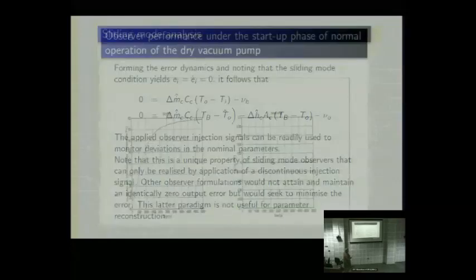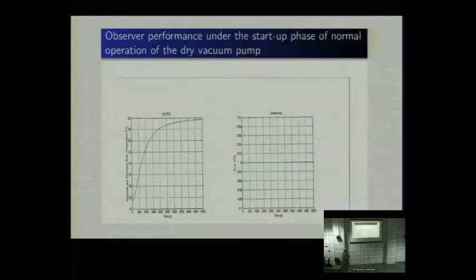So we implemented this observer. This shows the pump on startup. And so here you've got the temperature of the block and the observer estimate of the temperature of the block. You can see they're visually identical. So even during the startup phase, it starts at ambient.